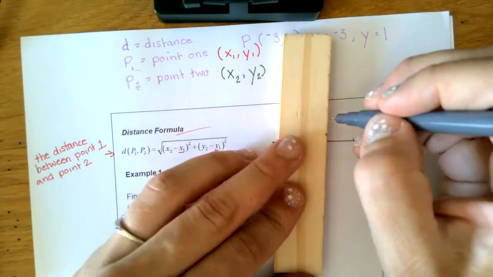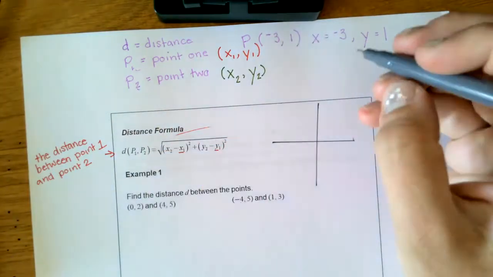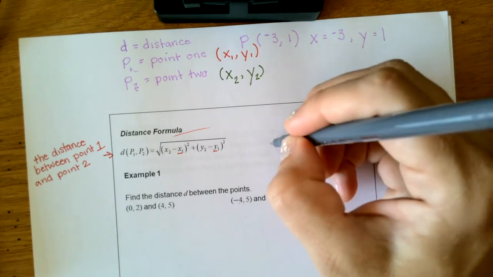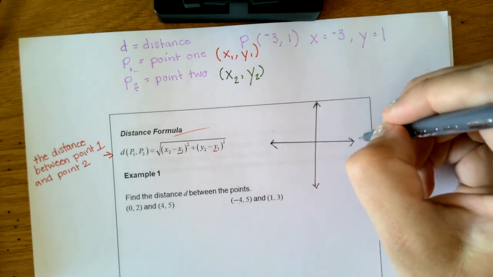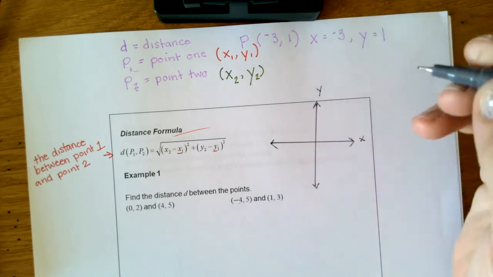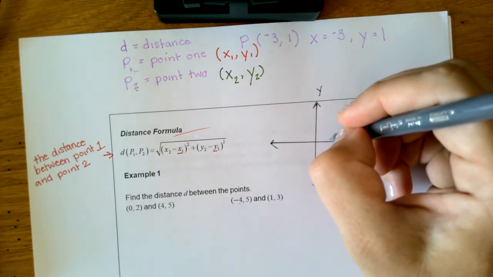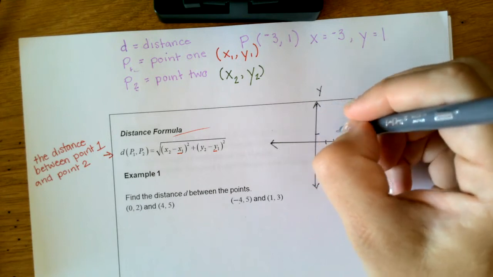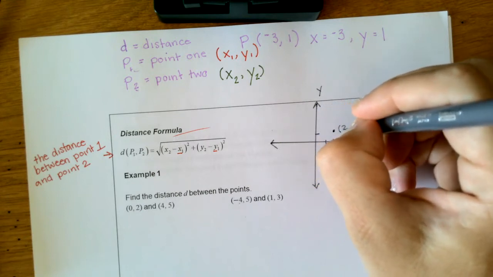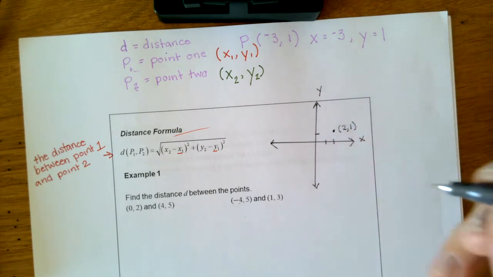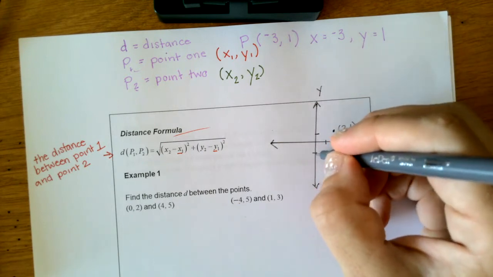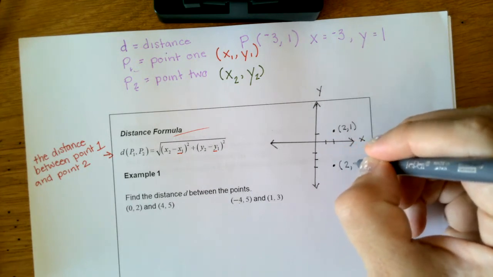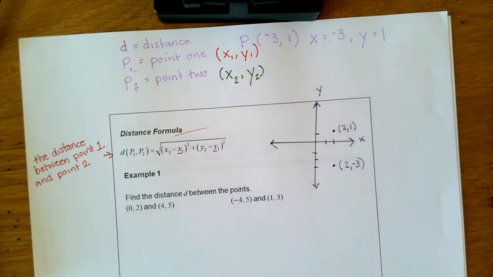So I've got this graph. Here is x, here is y. Let's say this point is 2, 1. Okay. And then down here, we've got 2, -3.